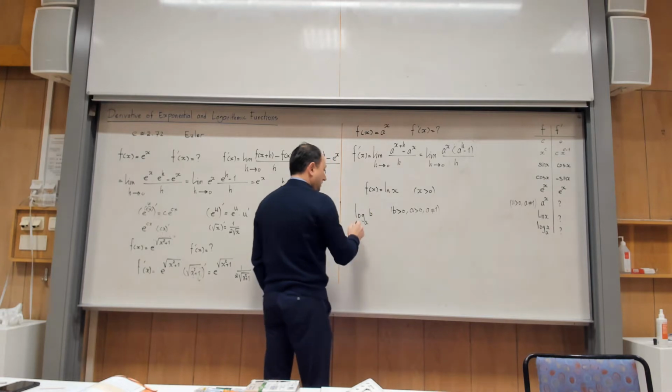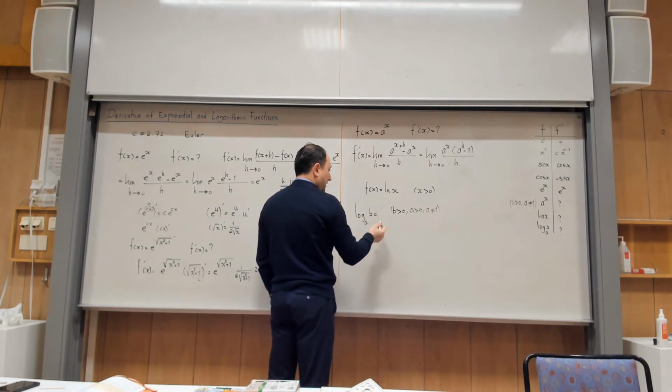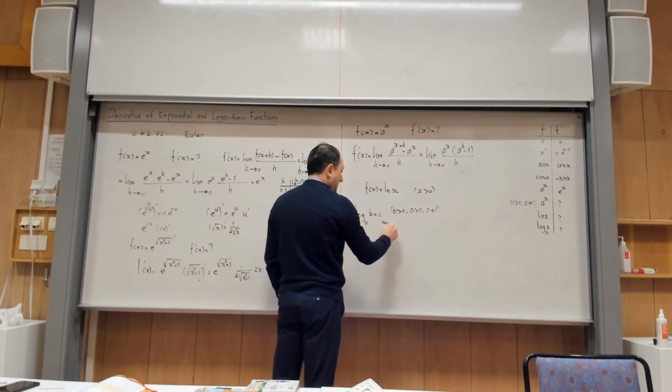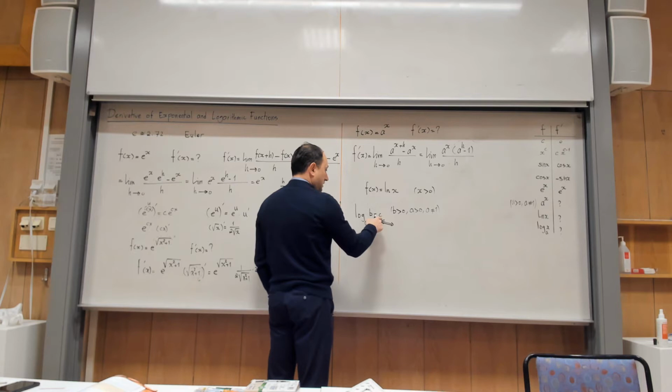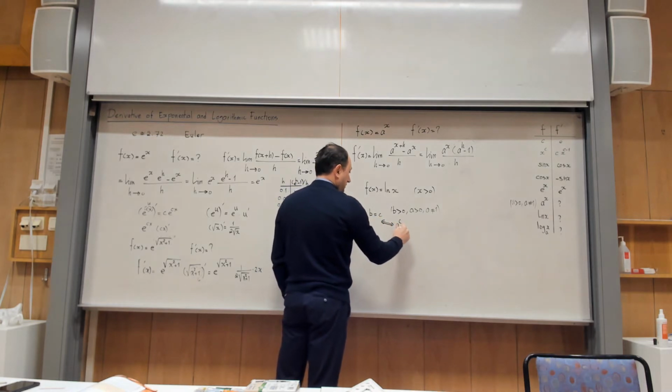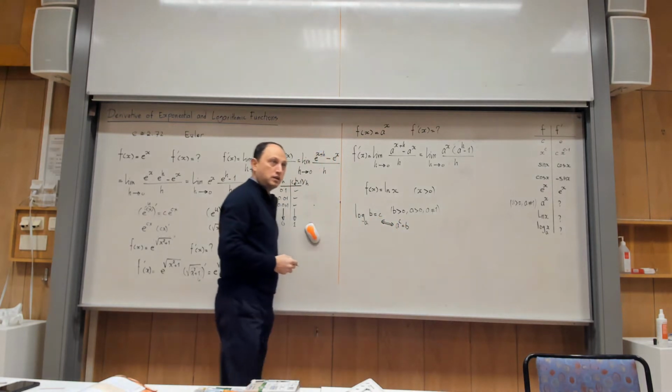And when you say that the log of b in the base a is equal to, say, c, what is the meaning of this? This means that a to power c is equal to b. This is the meaning of the logarithm.